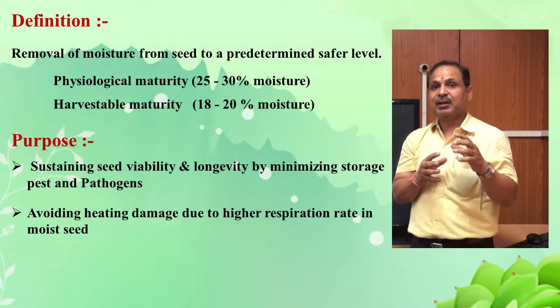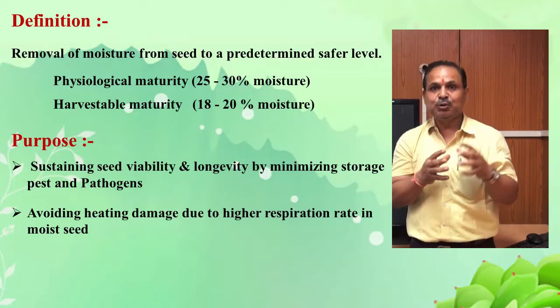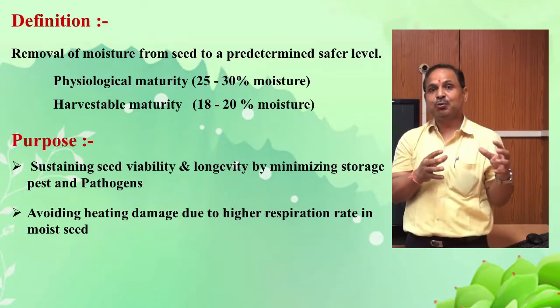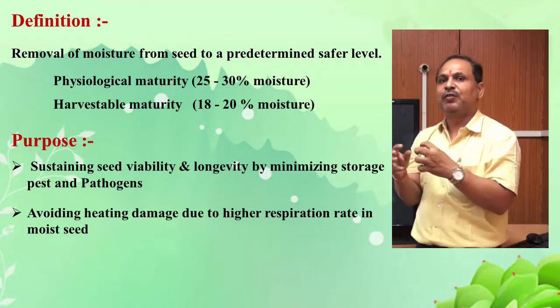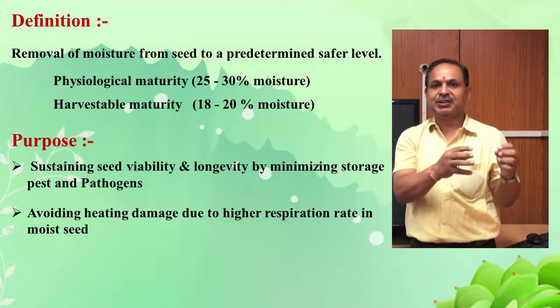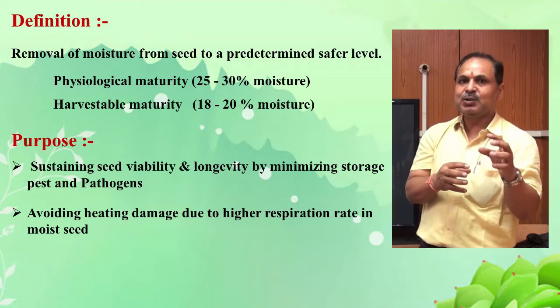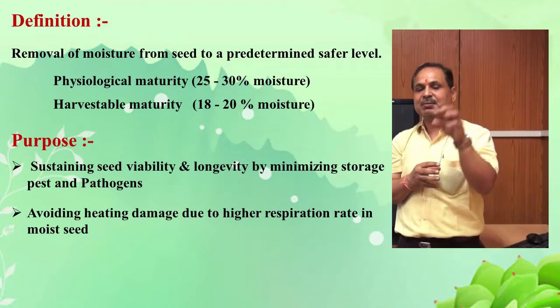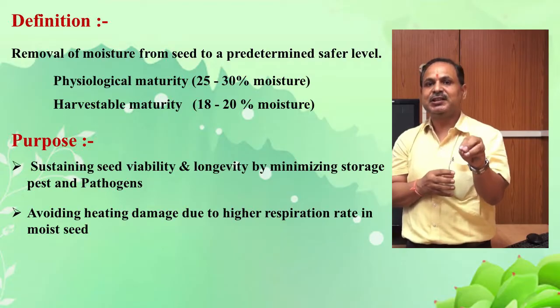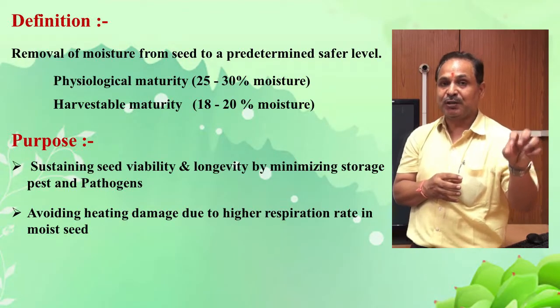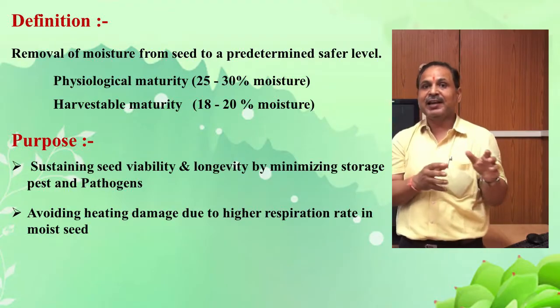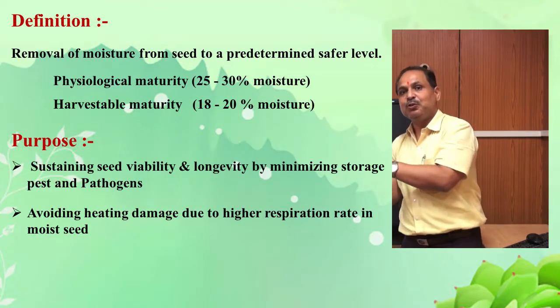Generally, crops have two types of maturity. There is physiological maturity, when the maximum accumulation of dry matter has taken place in the seeds. But it varies from crop to crop, variety to variety.